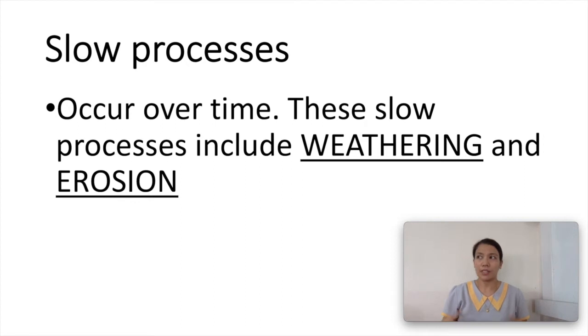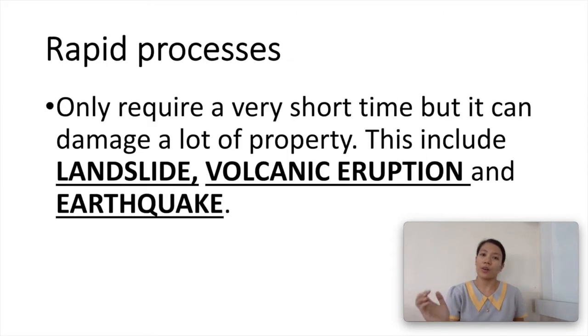It happens for a long period of time, but it cannot destroy a lot of properties. Compared to rapid processes. Rapid processes only happen for a short period of time, but they can destroy a lot of properties. This includes landslide, volcanic eruption, earthquake, and other natural disasters.